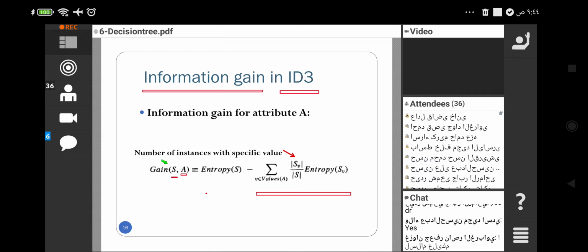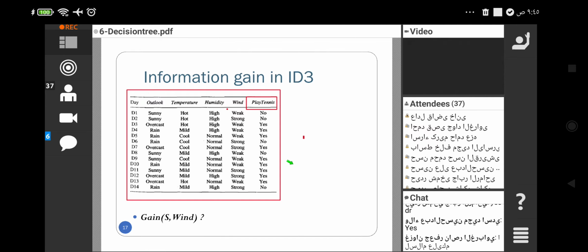If we have data S and an attribute A, the gain of this attribute in this data is equal to the entropy of the data minus the entropy of the attribute. And we had an example here of how to calculate the information gain of the feature wind in this data.